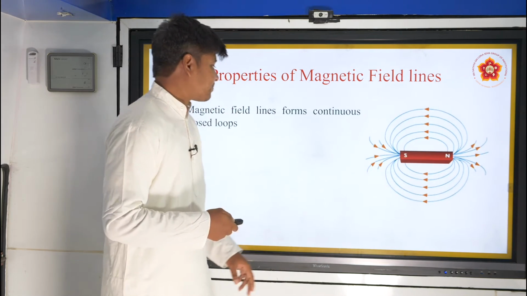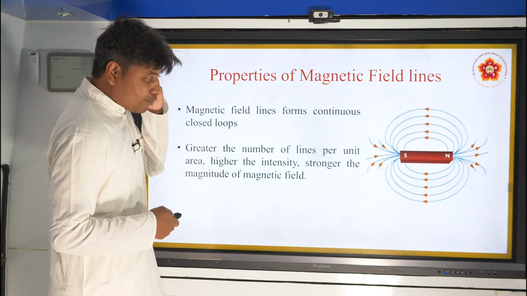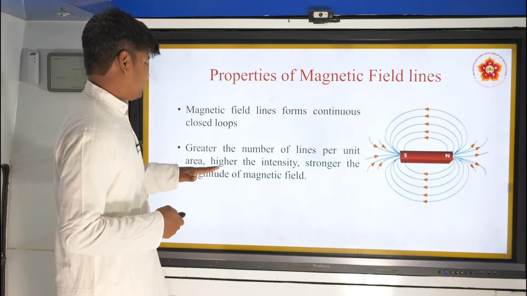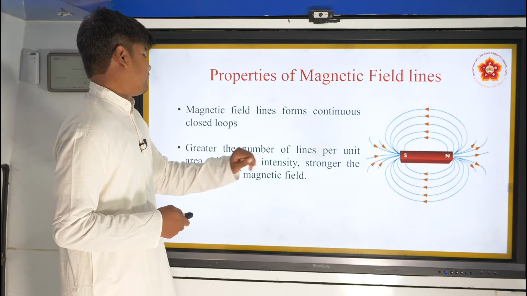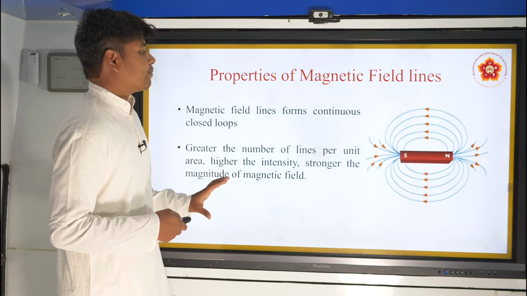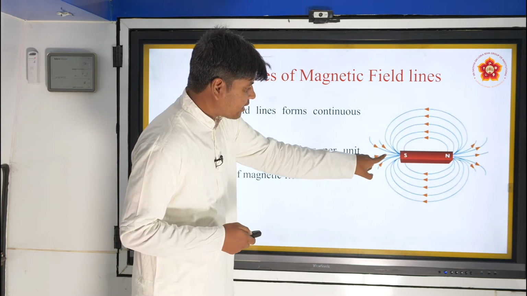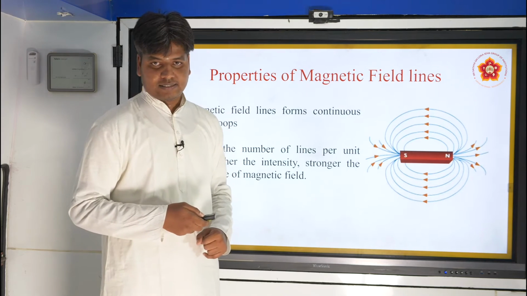Do you understand? Now the second, one more thing. Greater the number of lines per unit area, higher the intensity, stronger the magnitude of magnetic field. In short, you can see near the poles, in this area, there are so many lines.